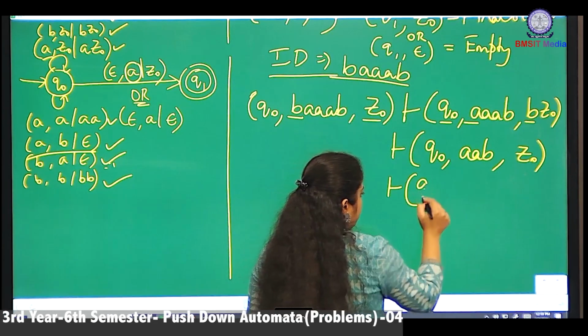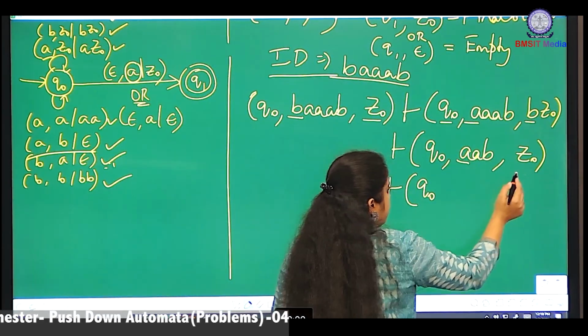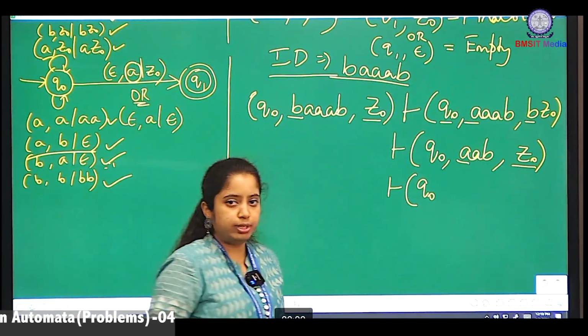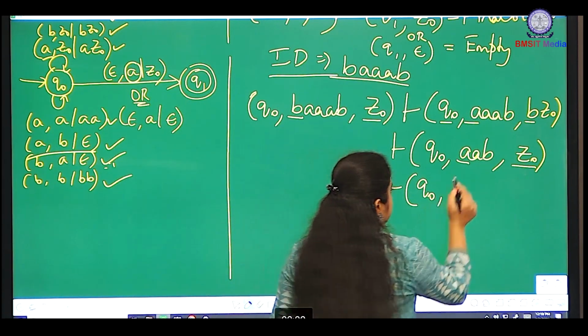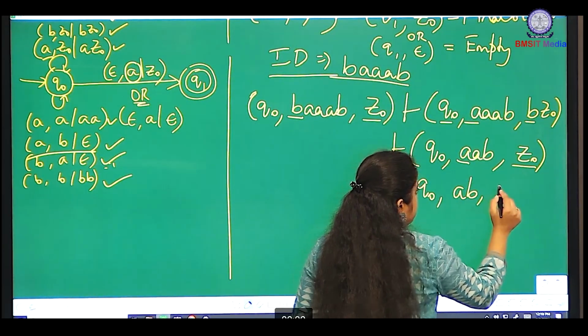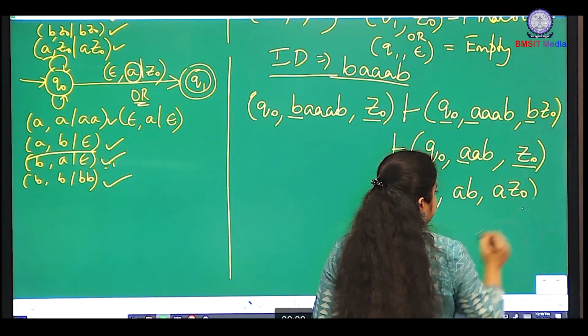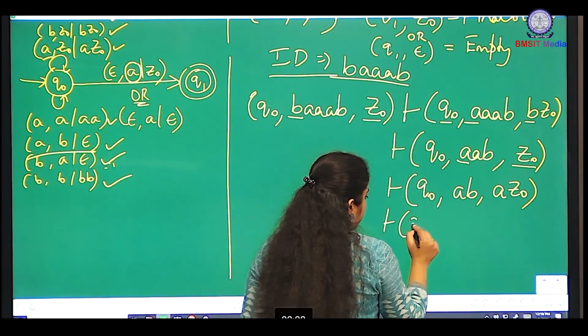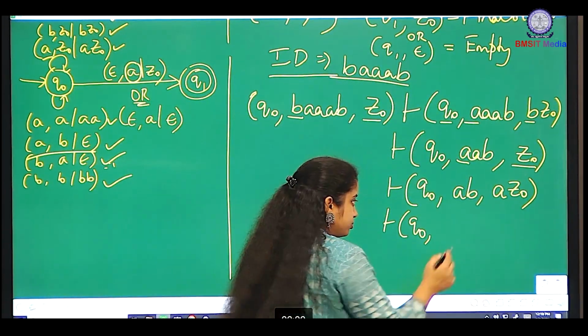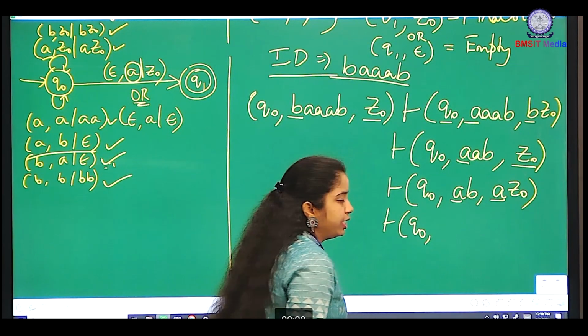Next, Q0 is reading A, Z0 is the top stack element, you need to push it into the stack. So, the remaining string is AB. Again, Q0 is the current state, you are reading A and A is the stack element.